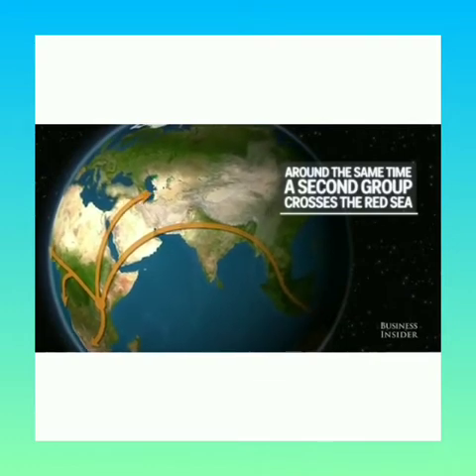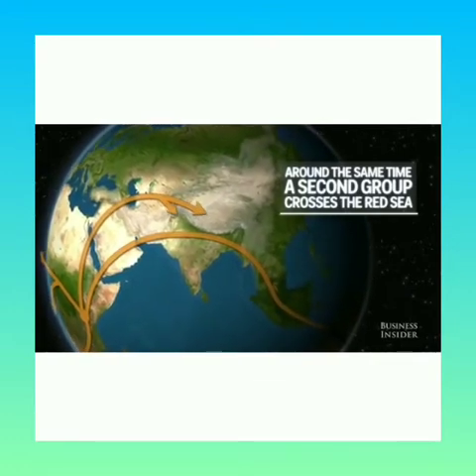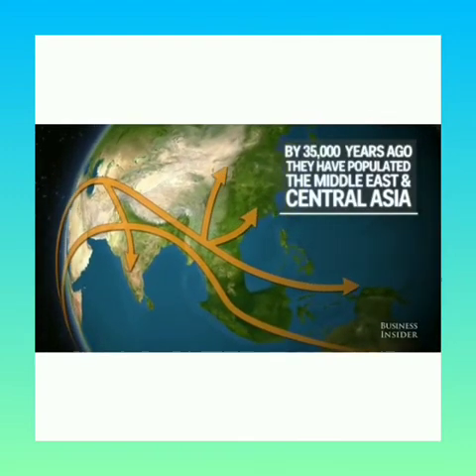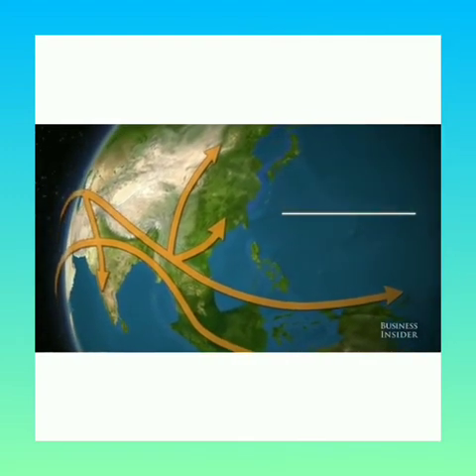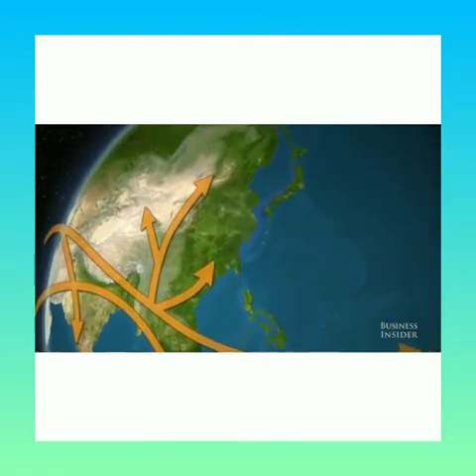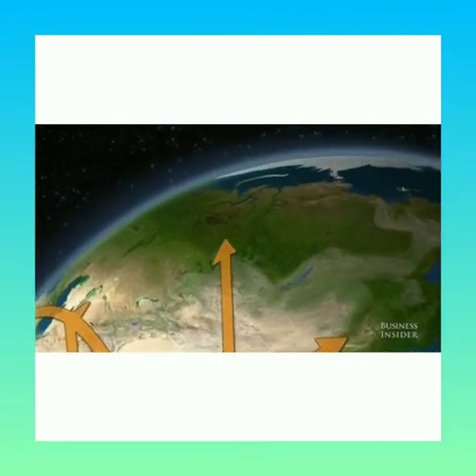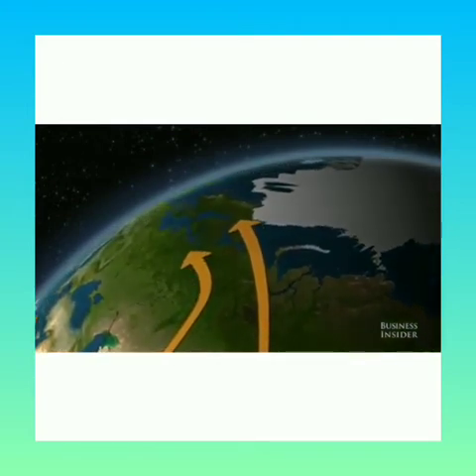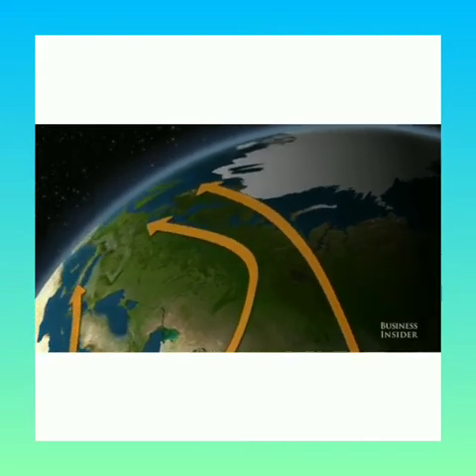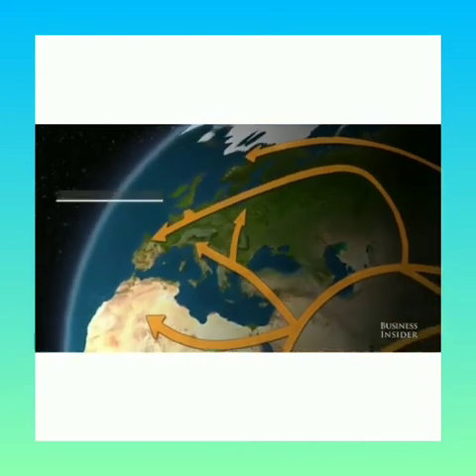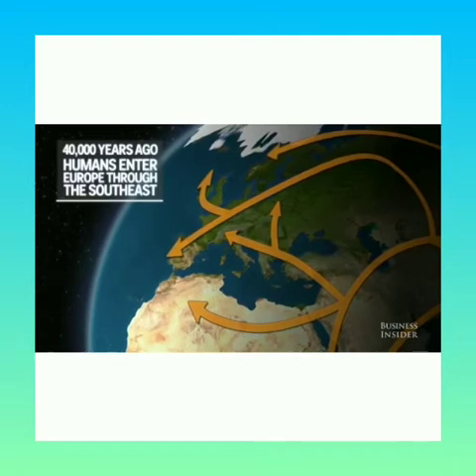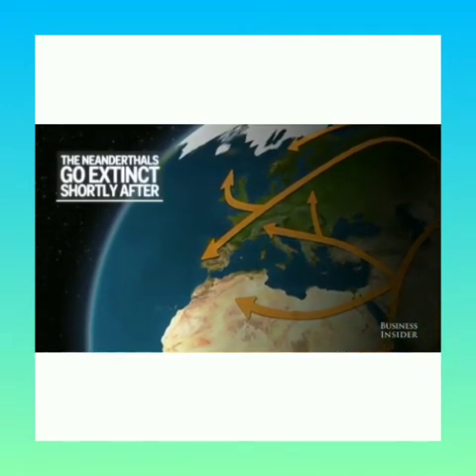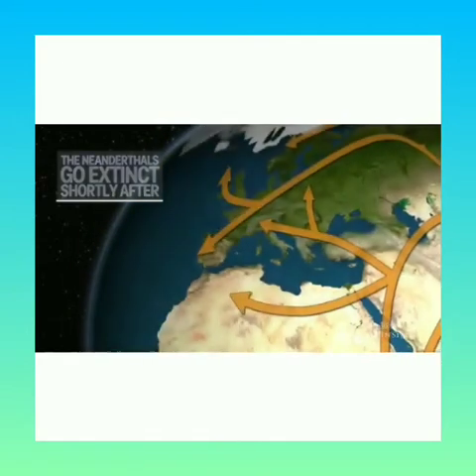Around the same time, a second group crosses the Red Sea. By 35,000 years ago, they have populated the Middle East and Central Asia. 40,000 years ago, humans enter Europe through the southeast. The Neanderthals go extinct shortly after.